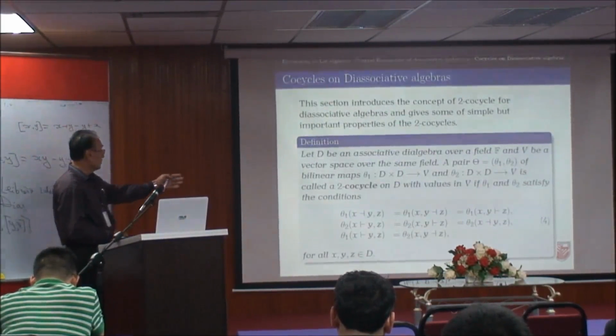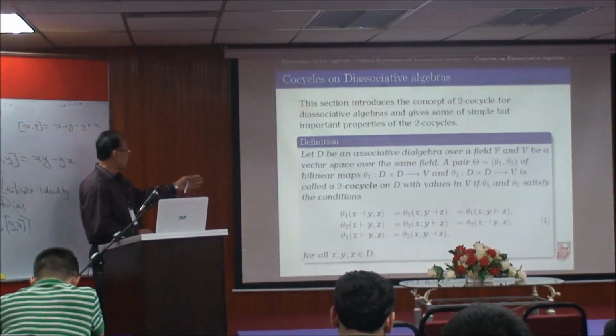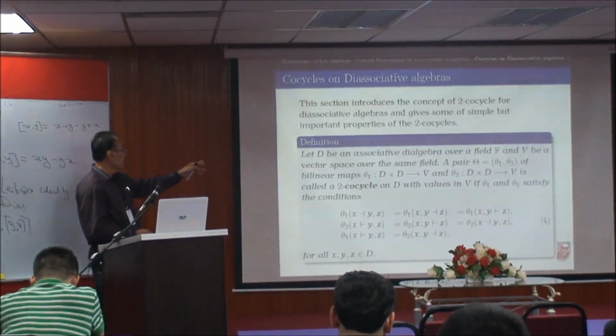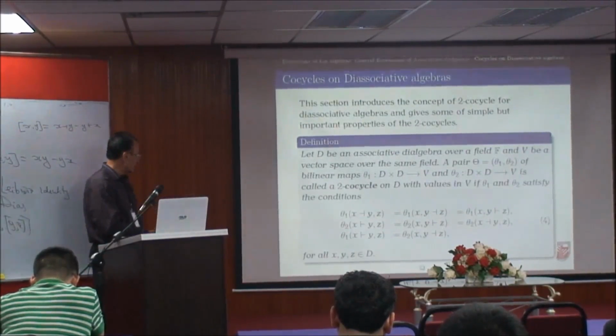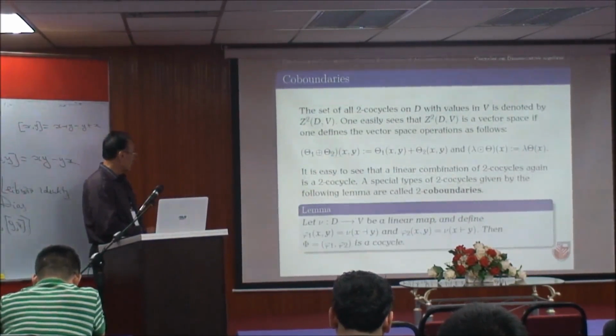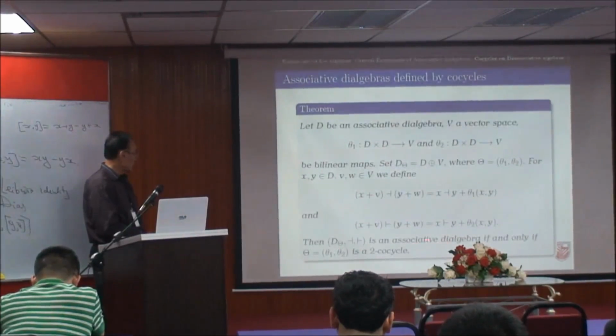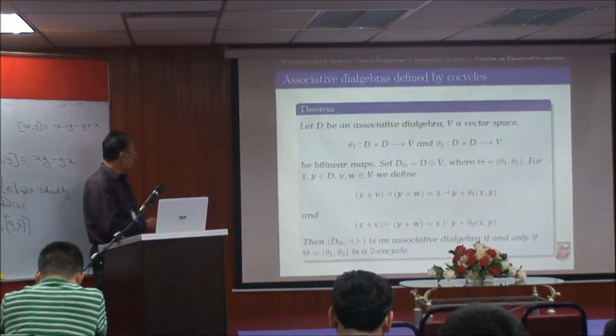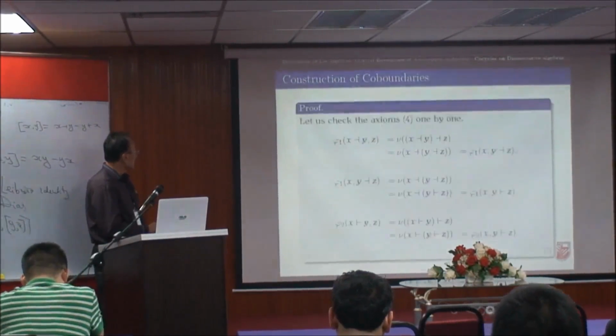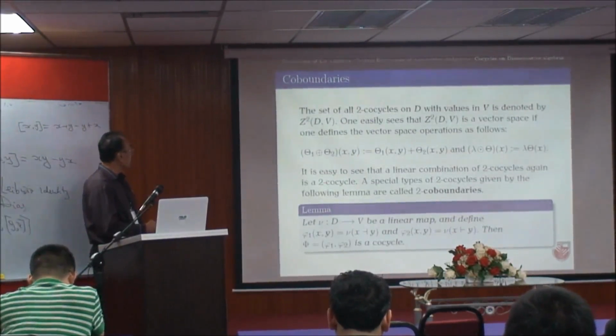So that's why, between the central extension D theta and theta being a cocycle, we have such a condition. So this is a central extension. For this extension to be a diassociative algebra, theta must be a cocycle.